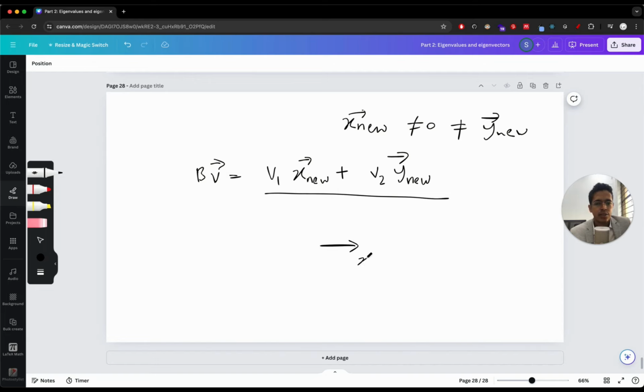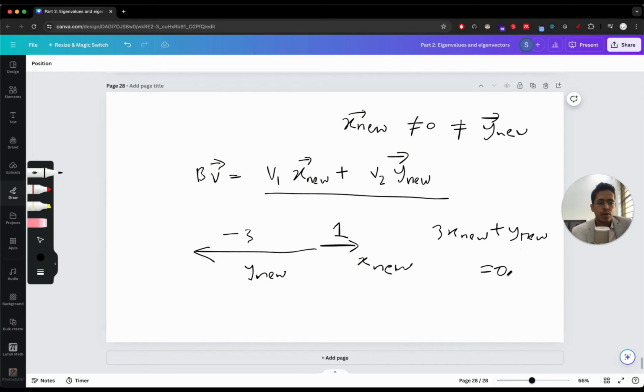So let's say this is X new, and let's say Y new is this. Let's say the length of X new is 1, and the length of this thing is minus 3 in this direction. Now we can say that 3 X new plus Y new equals 0, right?